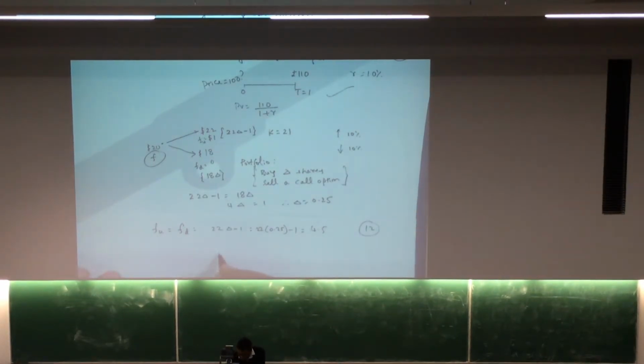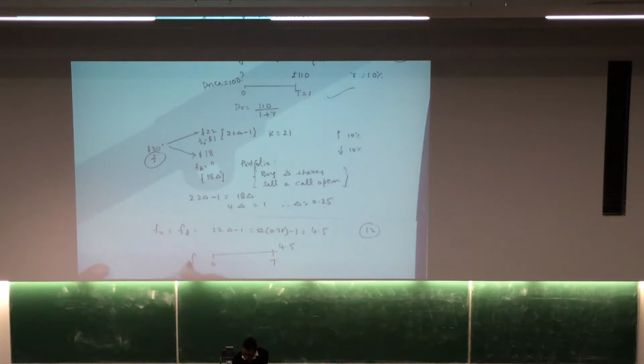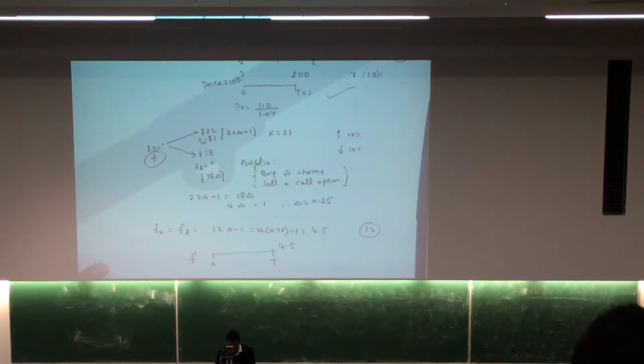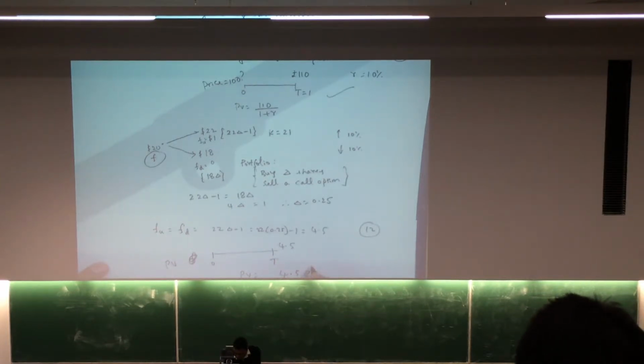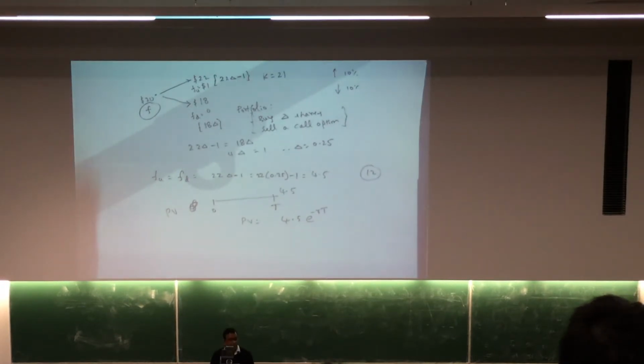So once I know that, this is what you are going to get after time T. How much are you going to invest, or how much are you going to pay for the portfolio? I'm just writing the present value of the portfolio. The present value of the portfolio is nothing but the discounted future value, that is 4.5 e power minus RT. Assume that this is continuous compounding. Do you agree with that?